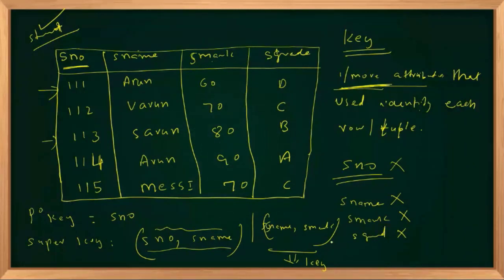Why, sir? A super key should contain the primary key. Primary key is student's number. Okay, a minimized super key becomes a primary key.